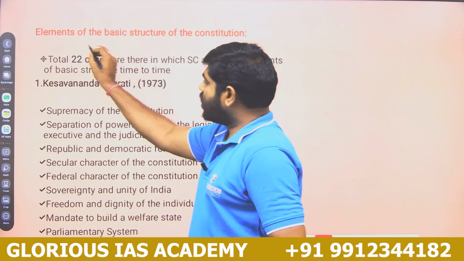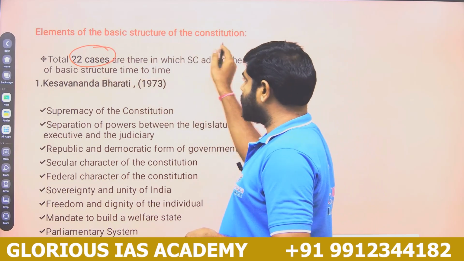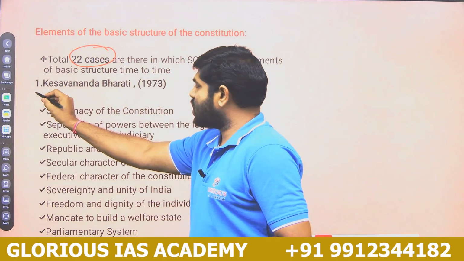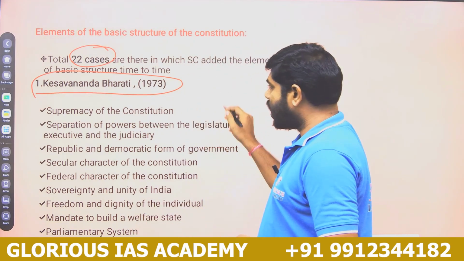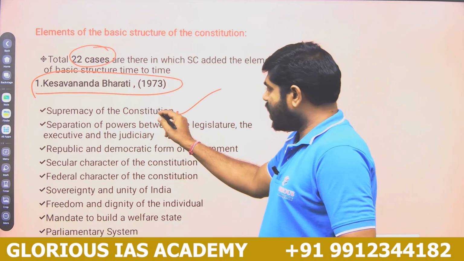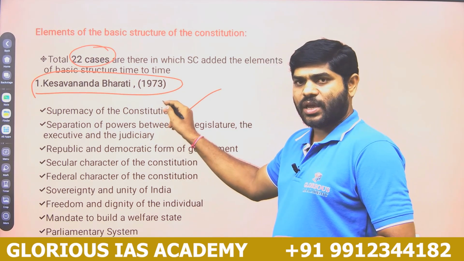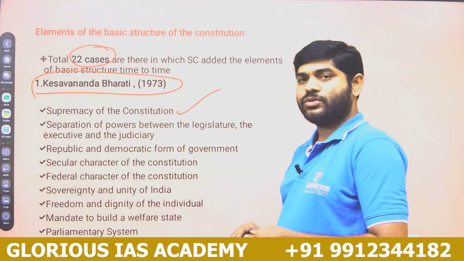There are 22 cases under which these basic elements of the basic structure are included. The first case is the Kesavananda Bharati case in 1973. What are the principles laid down? First one, supremacy of the Constitution; any actions taken by the government of India or the state government should not affect the supremacy of the Constitution.